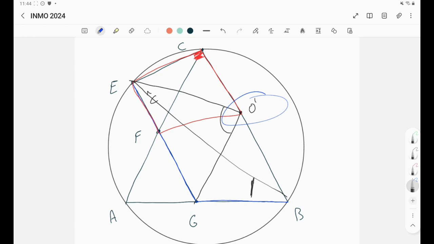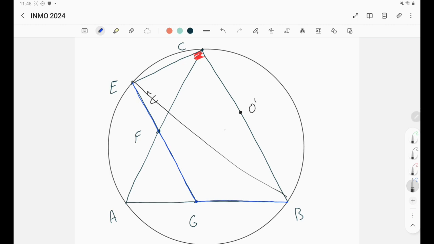Our goal is to show that the circumcenter doesn't just lie on the circumcircle of this triangle, but that it lies on CB. If we can show it lies on CB, then we're done. Okay, very good. So how exactly can we do that? Of course, you can do many things to prove it. One idea is to use phantom points, because there are many ways to do such a problem.